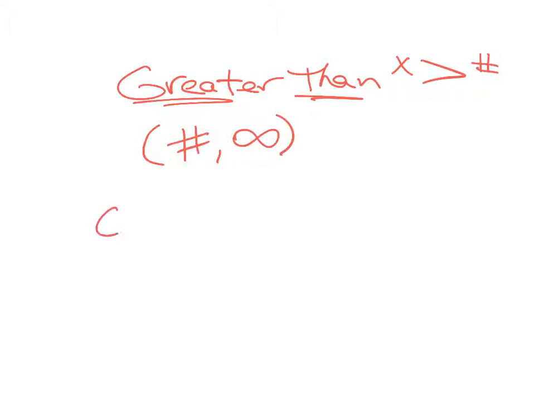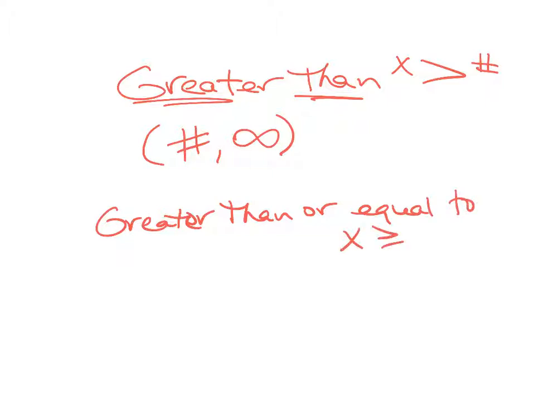Now, if it's a greater than or equal to, like this, then you would write a number, a bracket, because it's got the or equal to, the underline, and then the infinity.